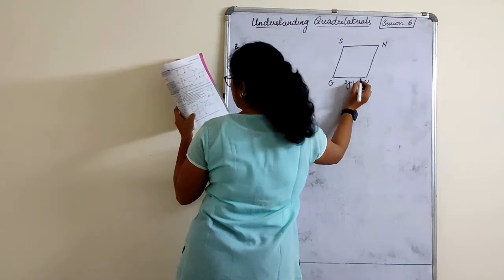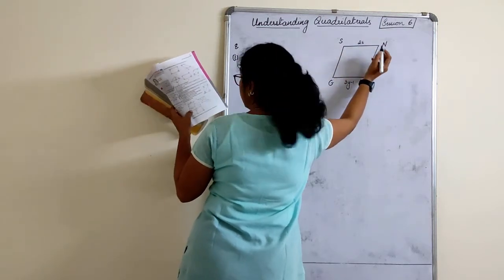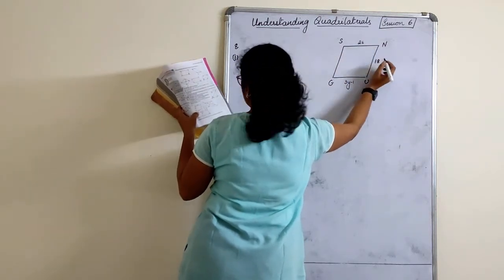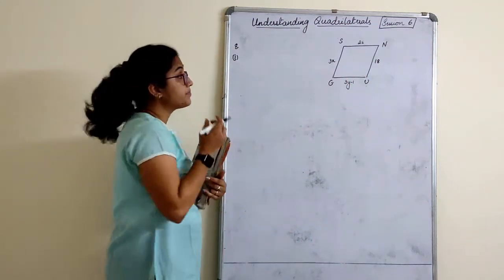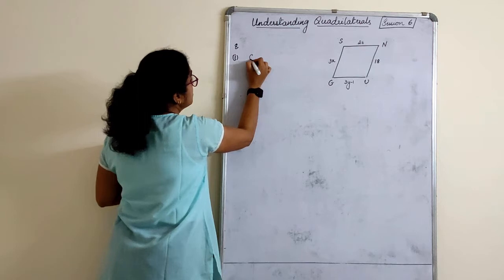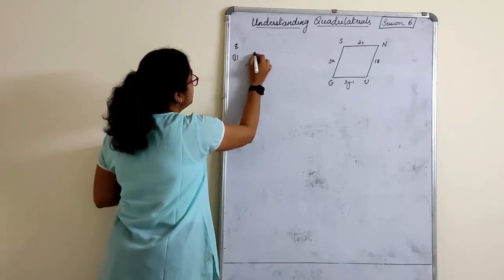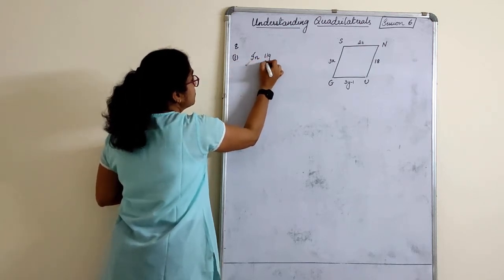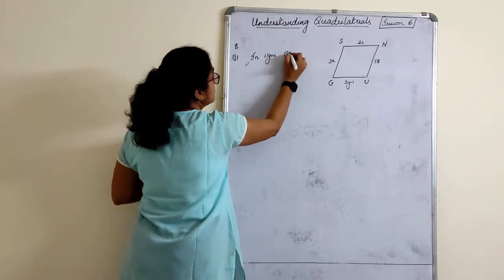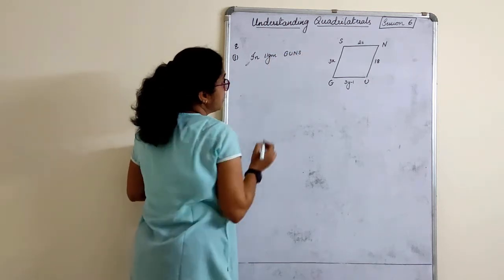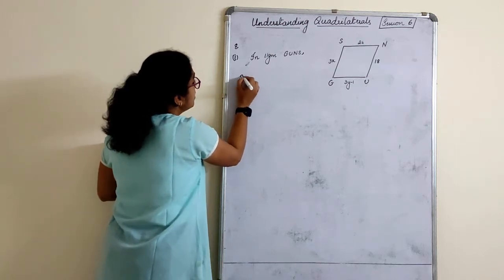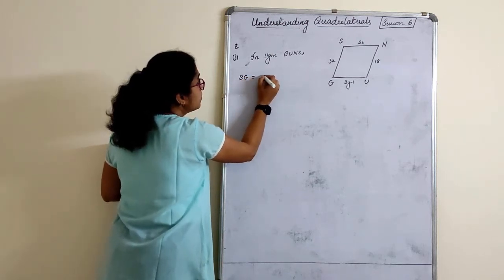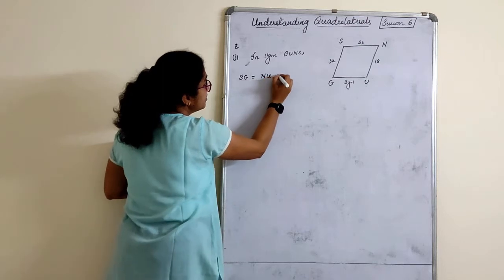Here the sides are 3y minus 1, 26, and 3x, 18. Okay, write down. In parallelogram GUNS, can I tell here SG is equal to NU?